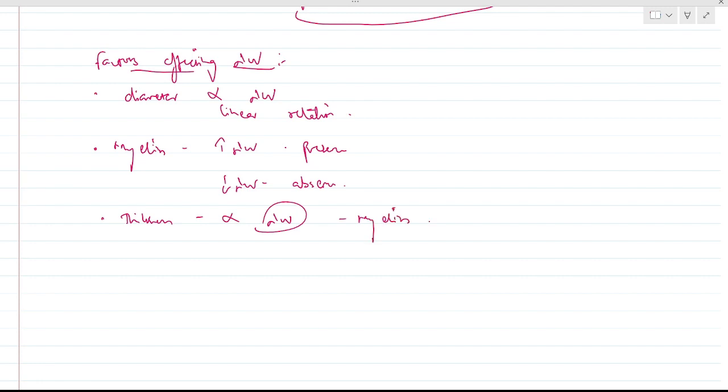Now this increased thickness of myelin causes decreased membrane capacitance, so increasing nerve conduction velocity.